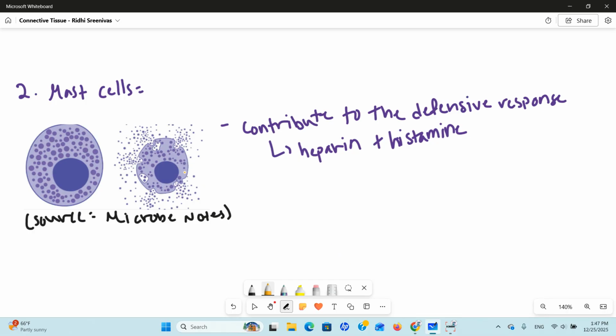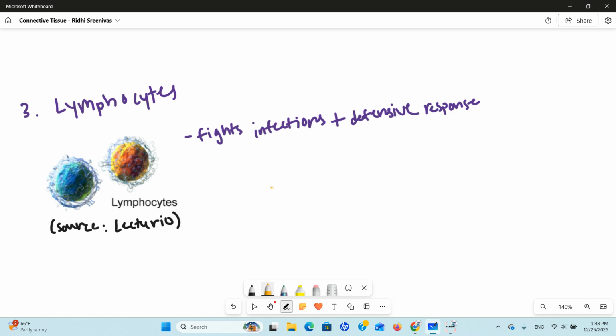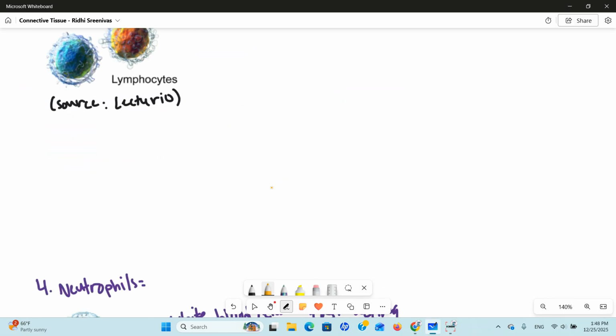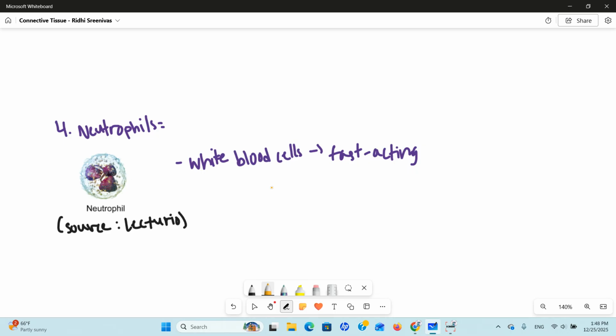That's them releasing their products, like heparin and histamine. Next, we have lymphocytes, which fight infections and work with the immune system to target pathogens. And then we have neutrophils, which are fast-acting white blood cells that respond first to the site of injury, but they have a shorter lifespan compared to macrophages.